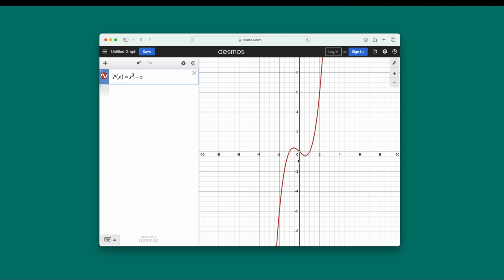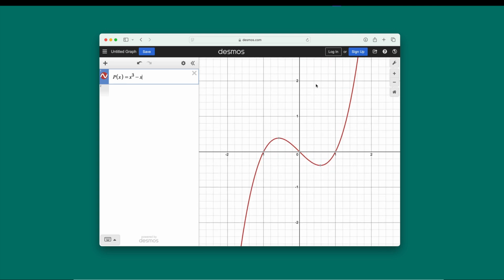You can see if we just zoom in a tad here, this is the graph, and we know that the zeros were -1, 0, and +1, so you can see the intervals there. The part of the graph that's above the x-axis would give us positive outputs, in other words, positive y values or p of x values. So we know that from -1 to 0, that interval would make the polynomial positive.